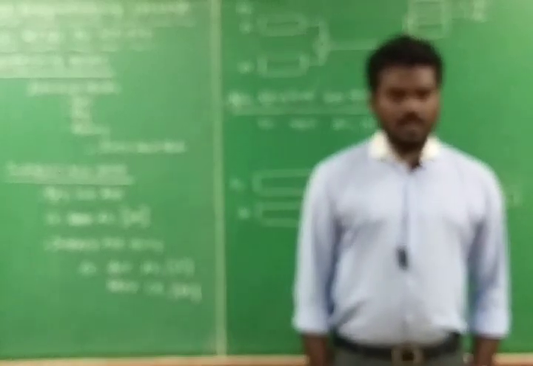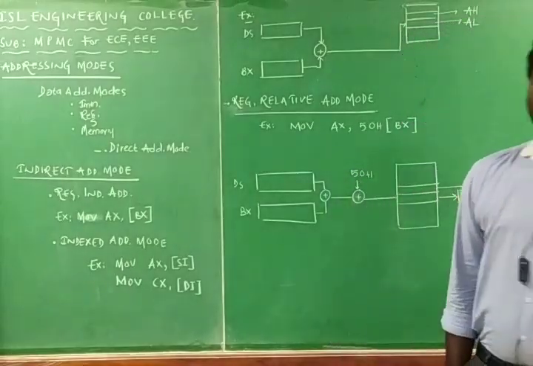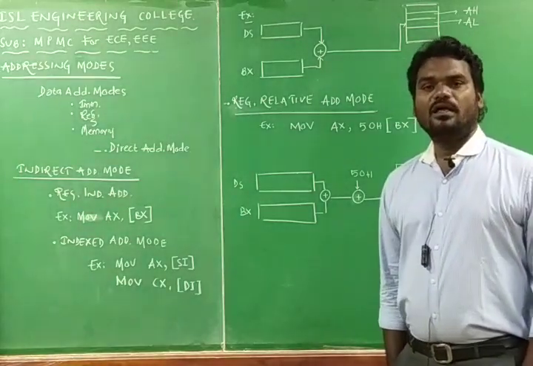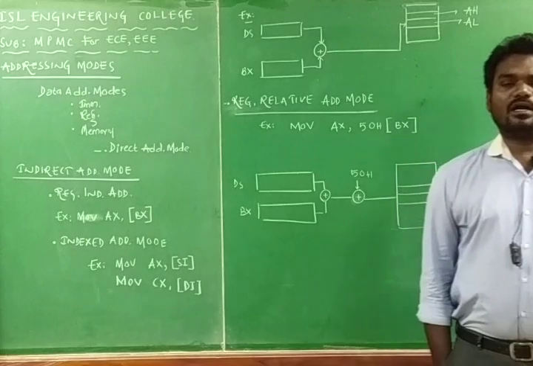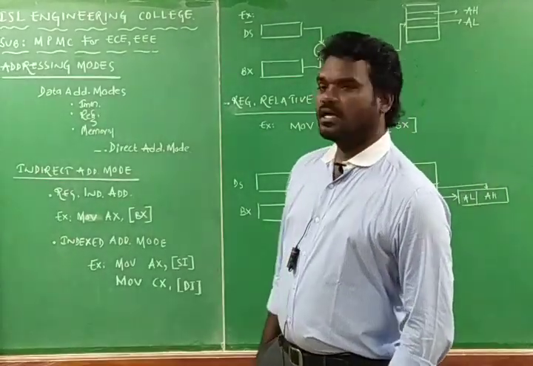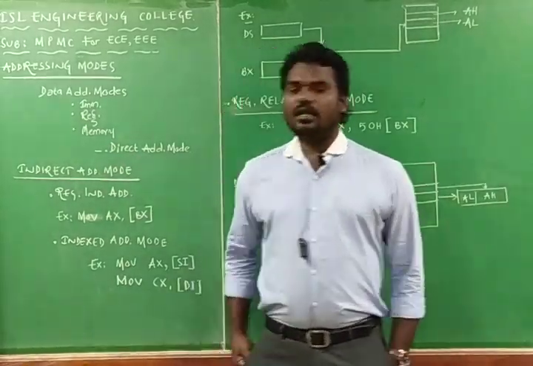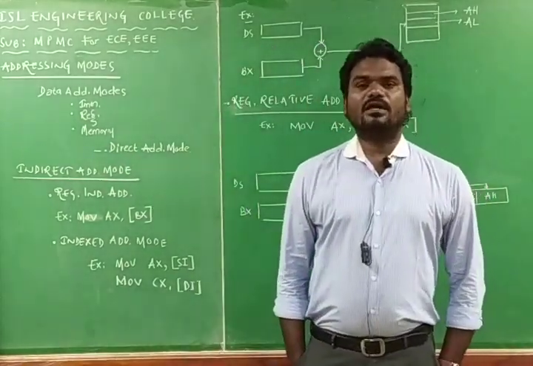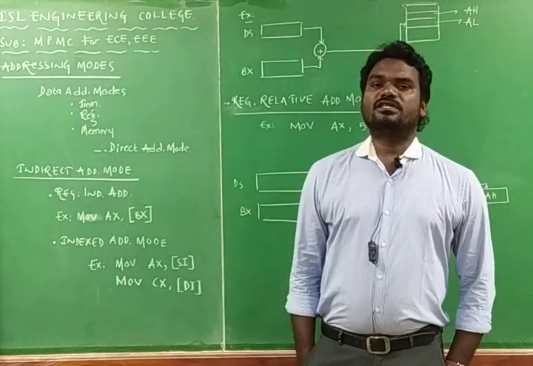In the register addressing mode, the operand is specified in the register, so the microprocessor takes the data from that register and performs the operation based on the given instruction. Coming to the last one, the memory addressing mode, the operand is accessed from the memory, as we discussed in the last class.